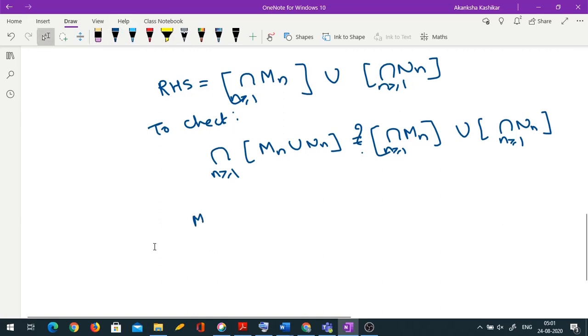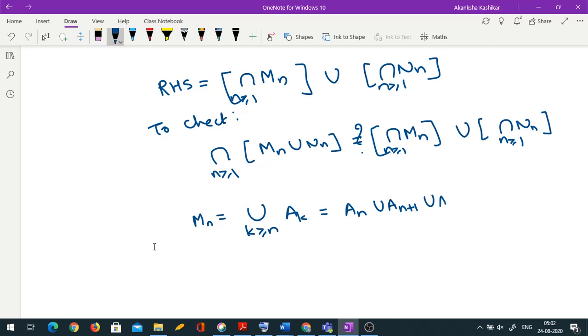So what I know is Mn is the union over k greater than or equal to n of Ak, right? So Mn is An union An plus 1 union An plus 2 and so on.